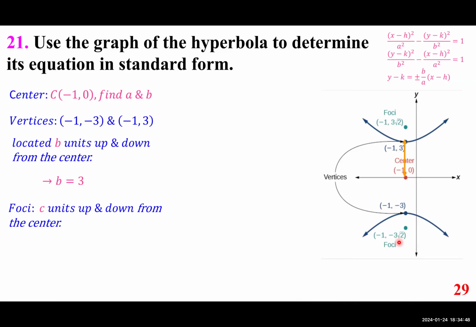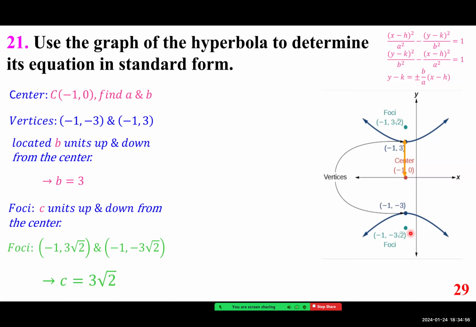Foci are located c units up and down from the center, and c is 3 square root of 2. a squared plus b squared equals c squared. So we find the missing a. We plug in b is 3, c is 3 square root of 2.